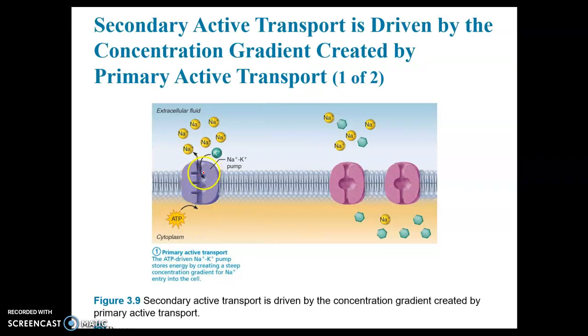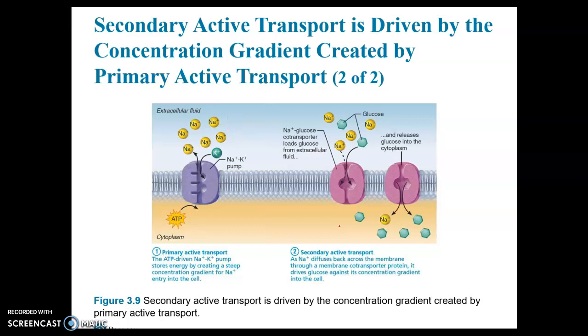So here's what we're looking at. The primary active transport is coming from the sodium-potassium pump, keeping the concentration of sodium high outside the cell. So that's where the primary energy comes from. And the secondary part comes in because we have these other pumps or carrier proteins in the plasma membrane that are going to use this concentration gradient that has been generated, where sodium is high outside and low inside.